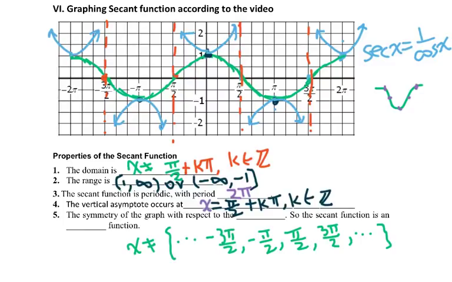For the symmetry of the graph, it is reflected across the y-axis. So the secant function is an even function.